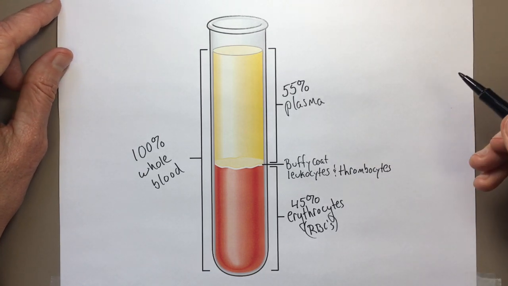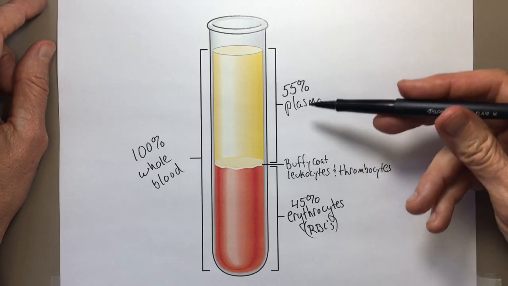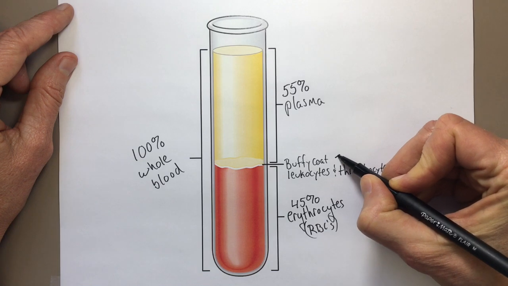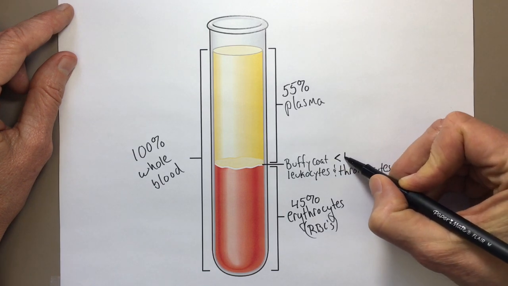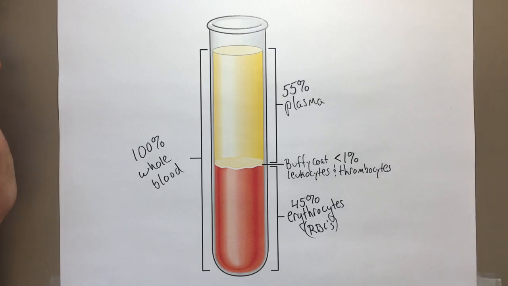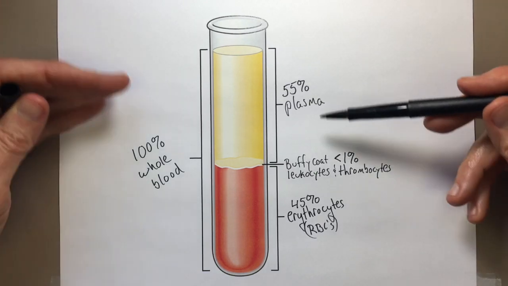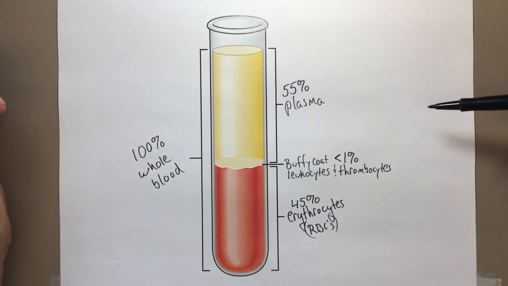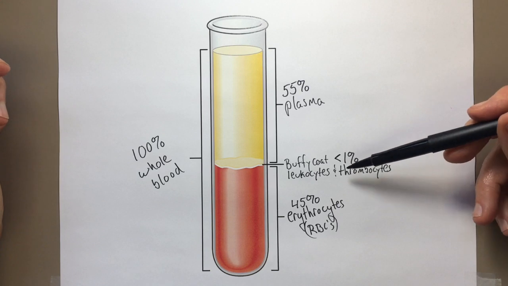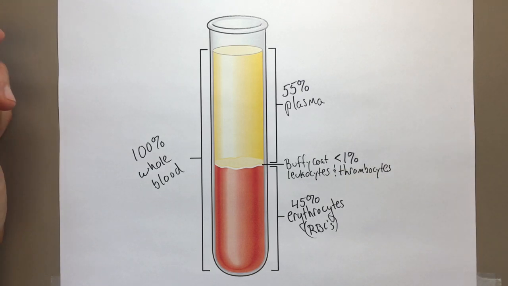And that constitutes less than 1% of the whole blood volume. All right, so I'll indicate that with a less than sign, less than 1% of the whole blood volume. And so you see our math does add up. So blood is mostly fluid, that would be the plasma, and red blood cells, and then in terms of volume, very little white blood cells and platelets.